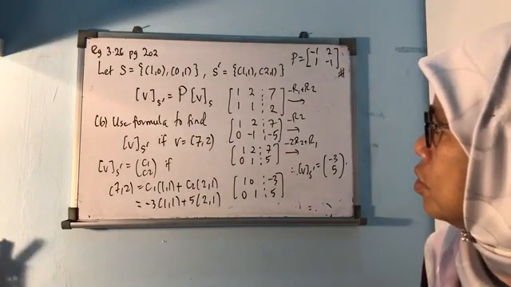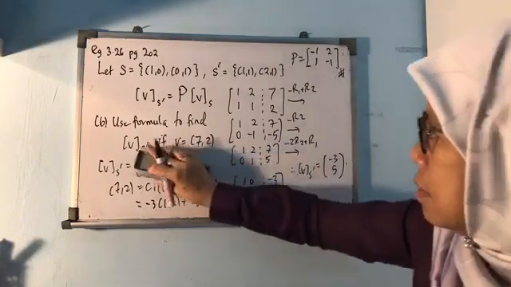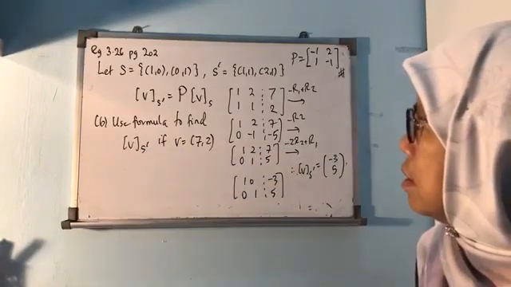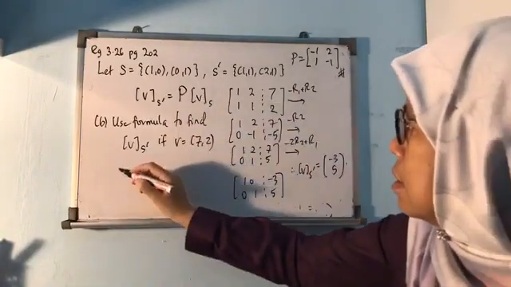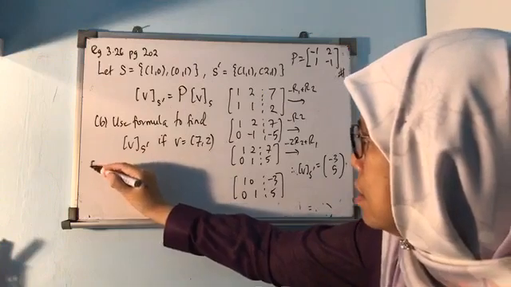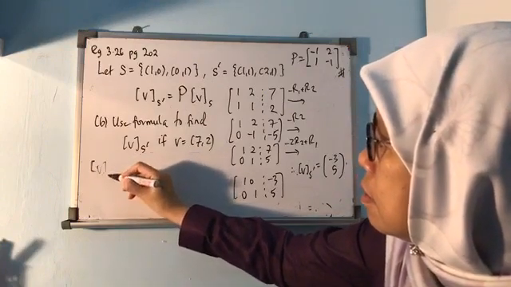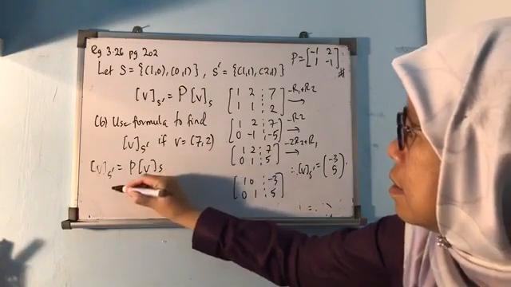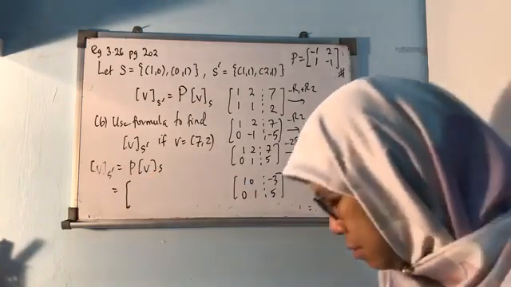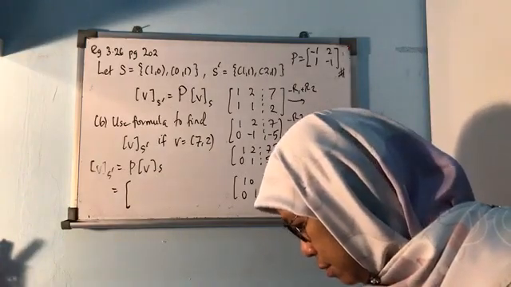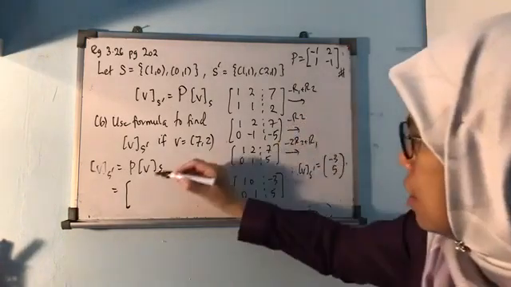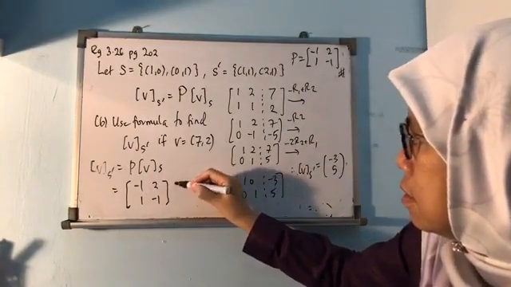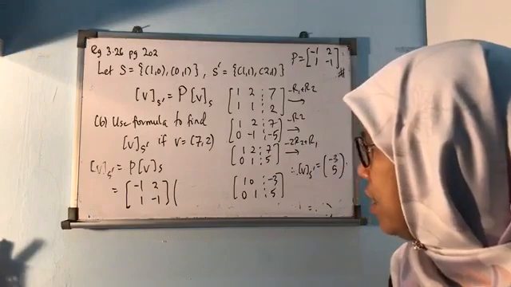Okay, so if you want to use the formula, I erase this. I can just use this. So Vs prime is P Vs. What is P just now? P just now is negative 1, 1, 2, negative 1. What is Vs?